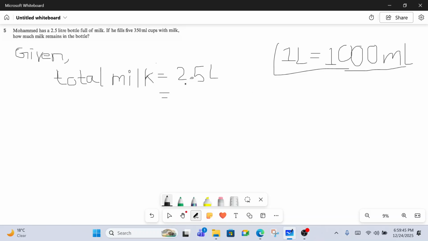So for this one it's going to be 2.5 times 1,000, which should give us an answer 2,500. So this is 2,500 milliliters.